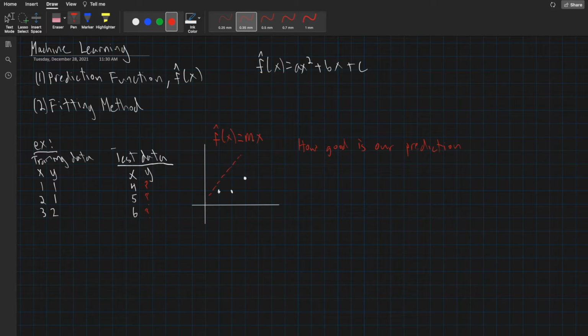So note for different values of m, so let's say this is m equals 2, and this is m equals 1, maybe this is m equals 1/2. When we change the value of m, each of these values of m is going to have an associated loss.